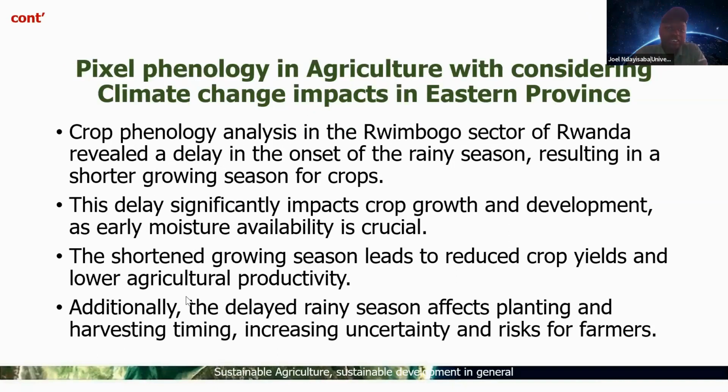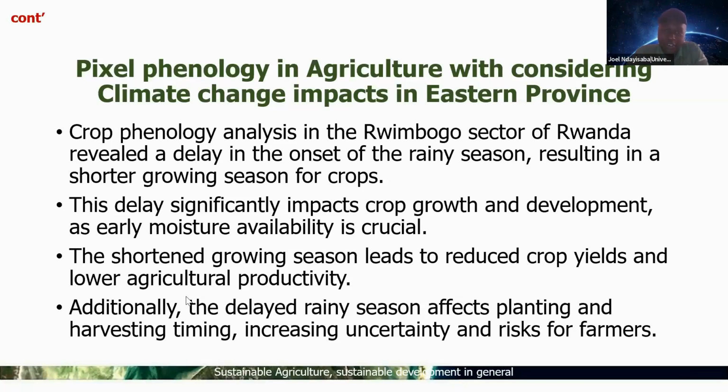And even if the offset of rainfall comes late, you see that the production will be reduced. This delay significantly impacts crop growth and development, as early moisture availability is crucial.